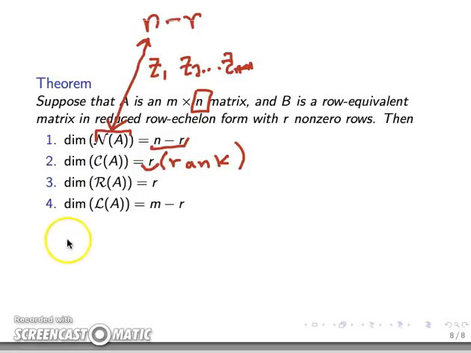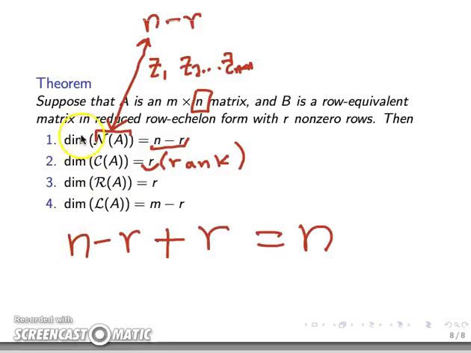So the cool thing, if you believe me that this is cool, is that n minus r plus r equals n. Well, that you think is trivial, right? But this is no other thing than the dimension of the null space of the matrix added to the dimension of the column space of the matrix.